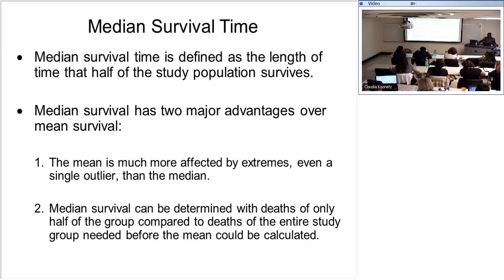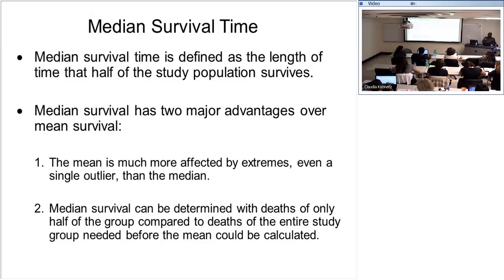And it has two major advantages. One is that the mean may be affected by extreme values, while the median is not affected by people dying too early or too late. And then, we can calculate it before everybody dies.